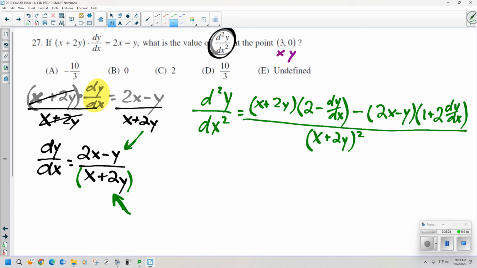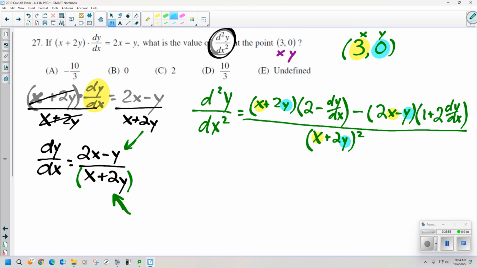I want this at the point where x is 3 and y is 0. Wherever there's an x, I'm going to put a 3, right there, right there, right there. Wherever there's a y, I'm going to put a 0. Love putting in zeros.